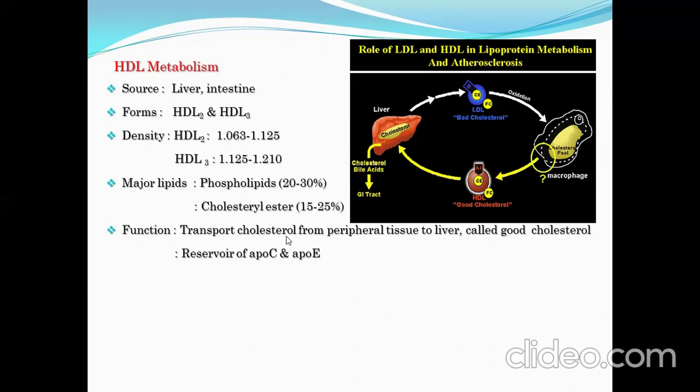That means whatever cholesterol is in the blood and peripheral tissue, they are going to transport into the liver for disposal.